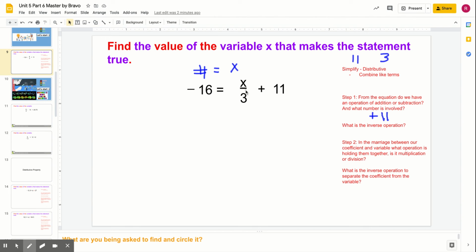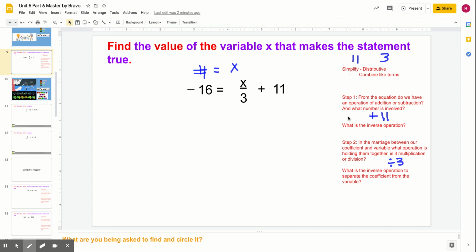And in regards to the number 3, I notice that's being divided to x. So now that I identify the key operations involved with x, I can go ahead and do the inverses to these numbers so that they can move over to the negative 16. So let's go ahead and do these inverses to move these numbers around.